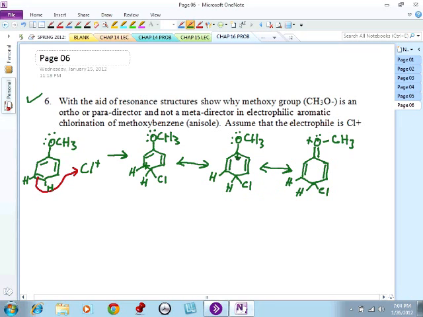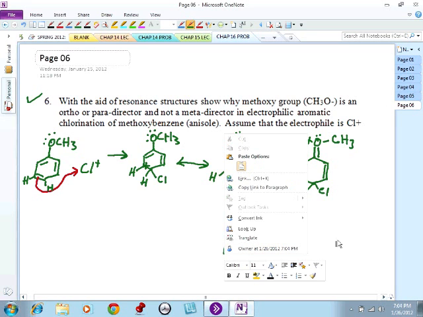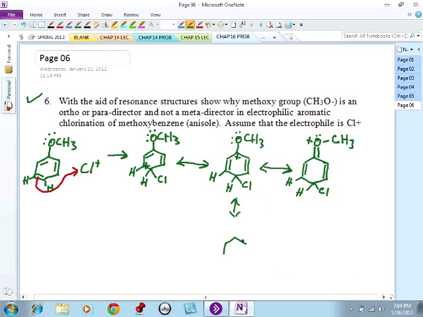Of course, we know there's another possible resonance structure here. If we do this, move this to here. This goes here.